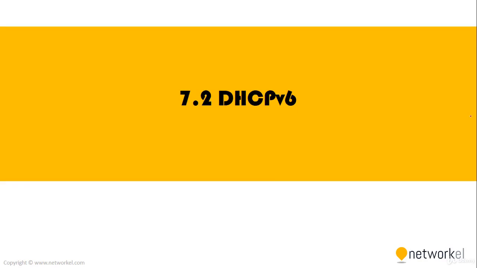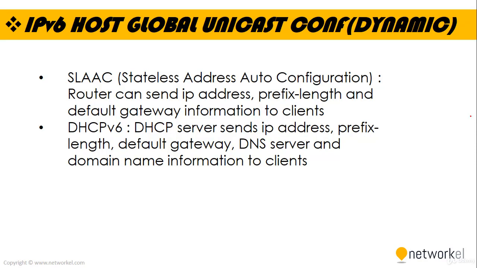Let's go ahead with DHCP version 6. IP version 6 prides itself as a protocol that supports many dynamic plug and play functionalities. As a result, there are multiple ways to assign IP addresses in IP version 6. To configure an IP version 6 host's global unicast address, we have two options, and they are SLAAC and DHCP version 6.